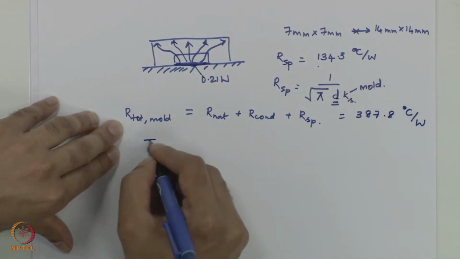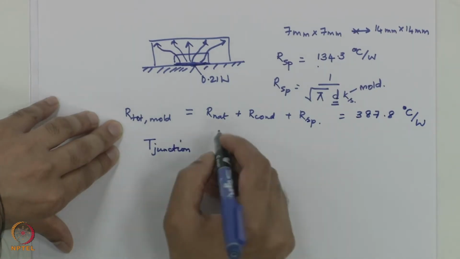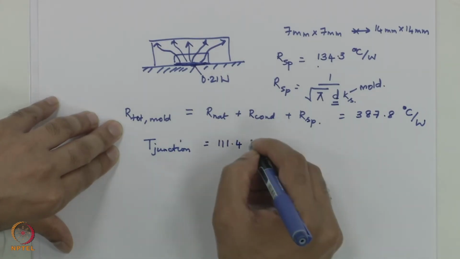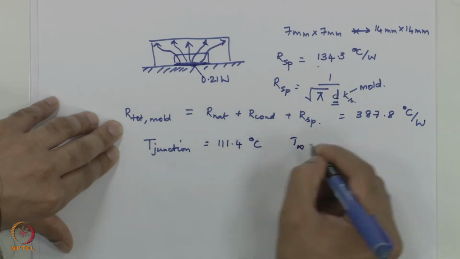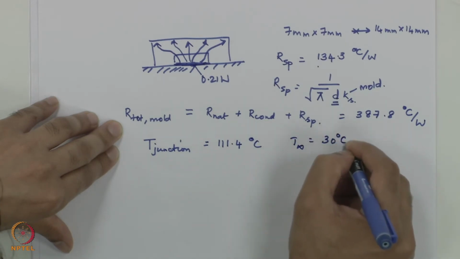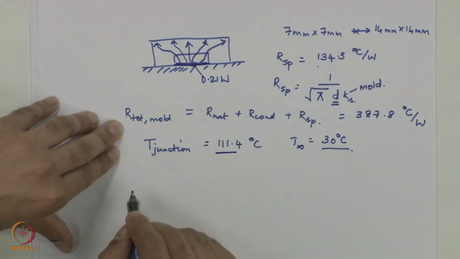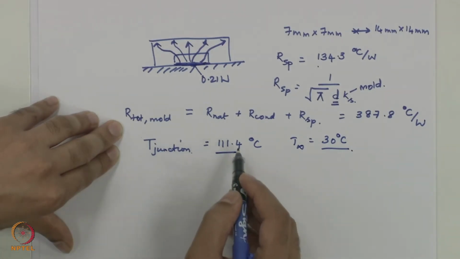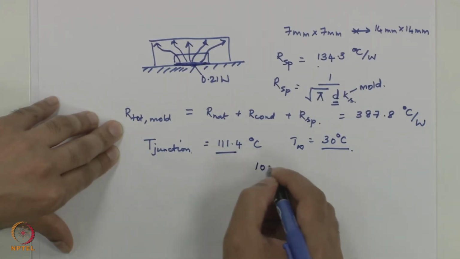So, if I go calculate a T junction, then it is about 101.4 degrees C with an ambient temperature of 30 degrees C. Yes, the answer says that even with the mold, the temperature has reduced, but it is not sufficient to be below 100 degrees Celsius.